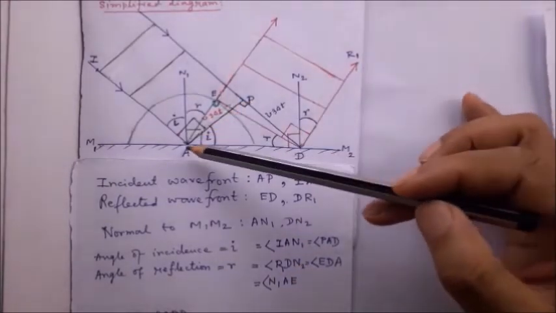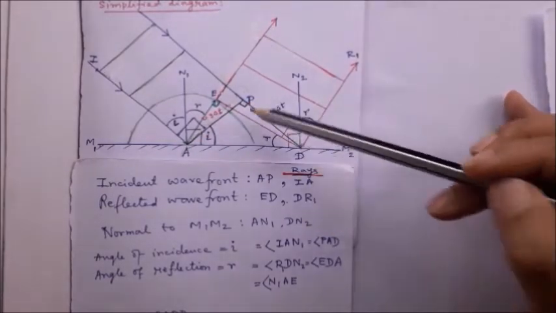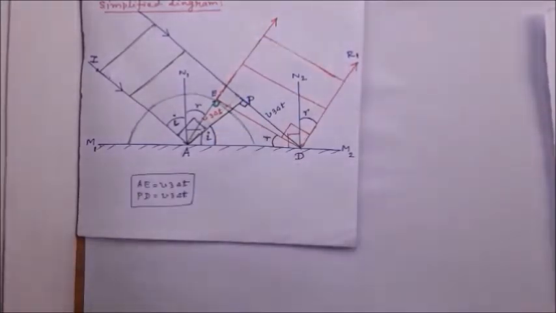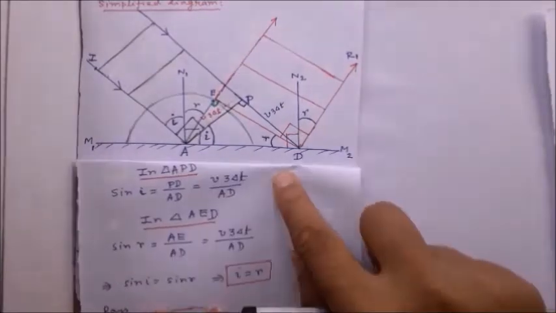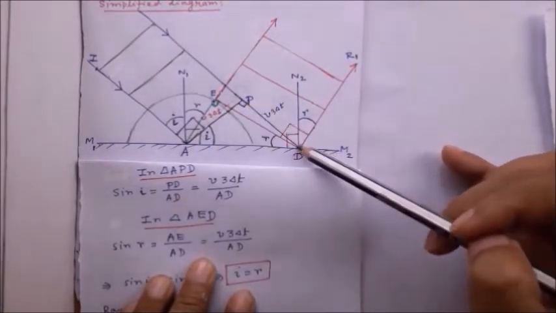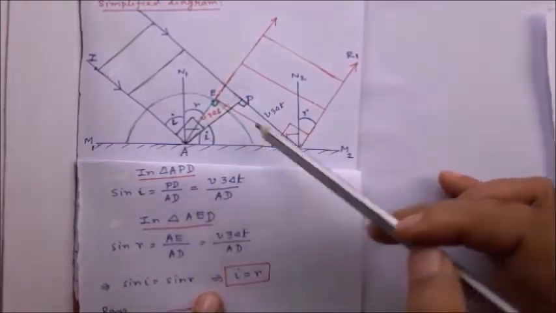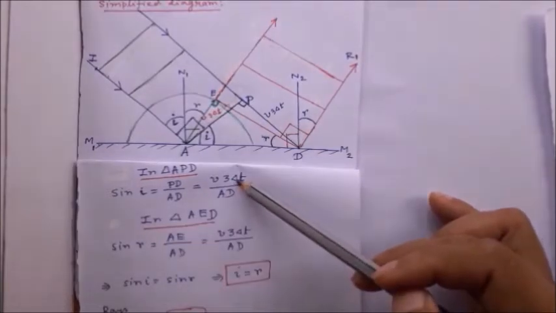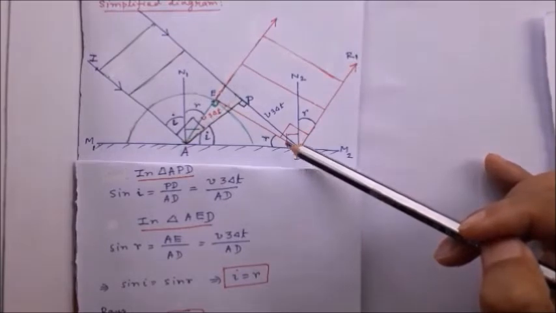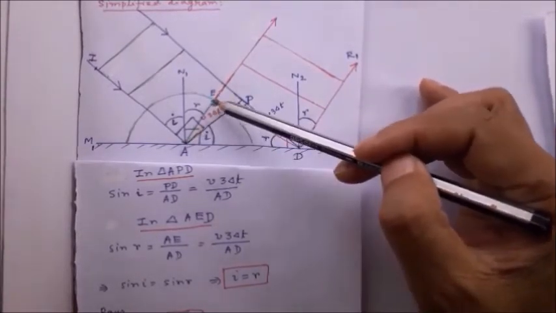Now let us focus attention to the triangle ABD, and we will calculate sin I from here. So sin of I is the perpendicular by the hypotenuse, so it is PD by AD, and PD is V3 delta T. And again from the triangle AED, this is 90 degrees because this is the tangent and this is the radius, so it is 90 degrees.